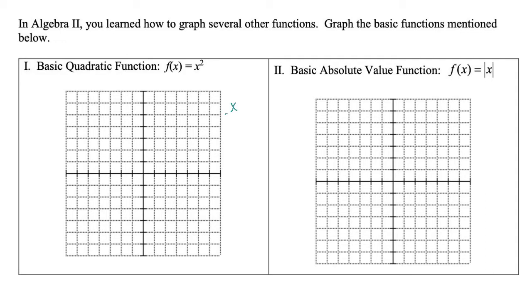So we're going to have x and f of x, and just some basic numbers, of course 0, and if we plug in 0 we get 0 back, and positive 1, 1 squared is 1, negative 1 squared is positive 1, 2 squared is 4, and negative 2 squared is positive 4.